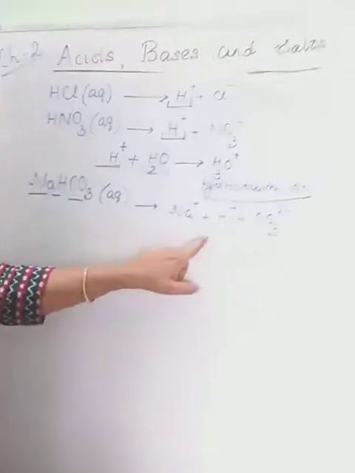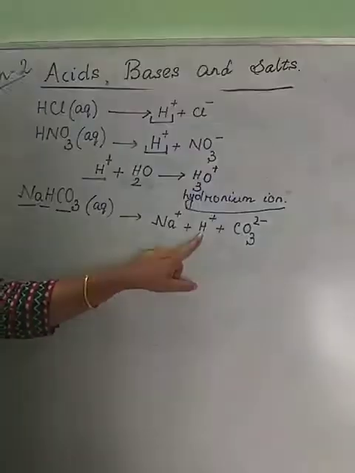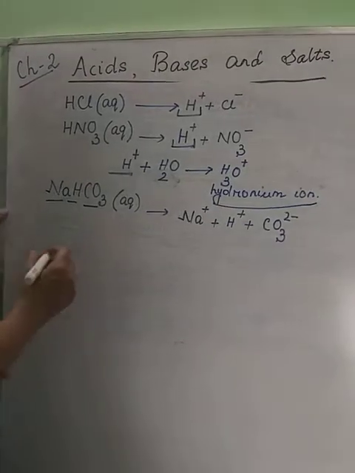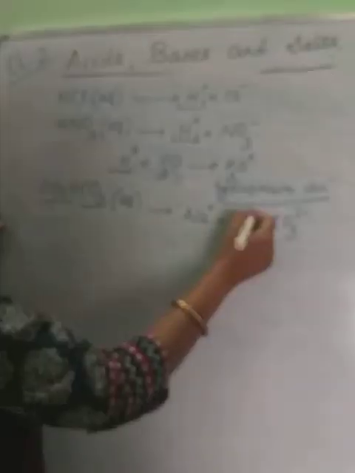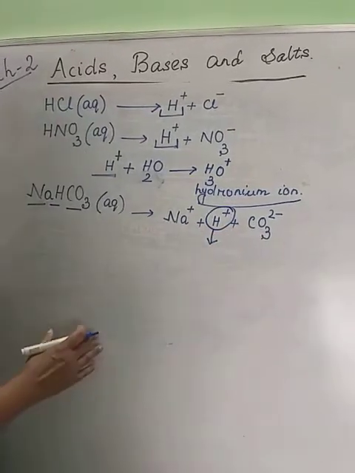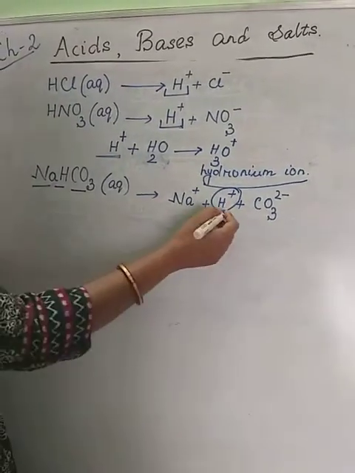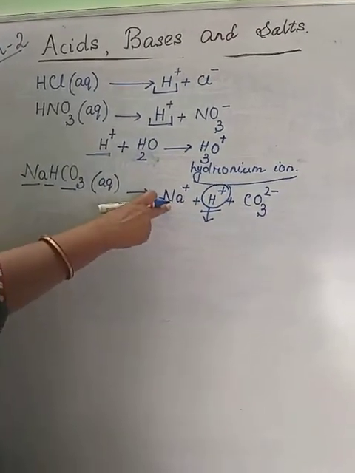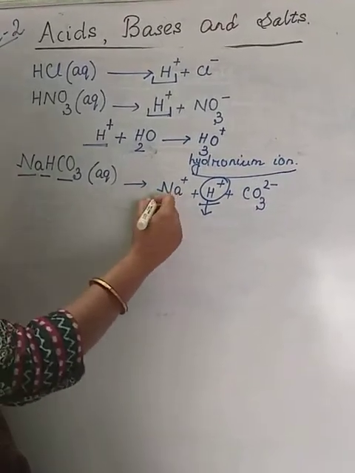So overall the net charge is 0: plus 1, plus 1 and minus 2. Now you will say this is also generating a free hydrogen ion, but along with this free hydrogen ion, one more positive ion is there, that is sodium ion.